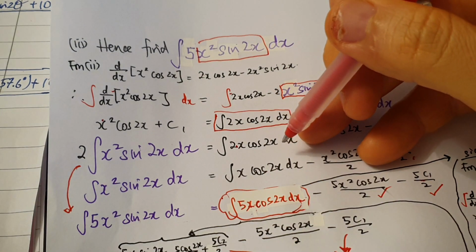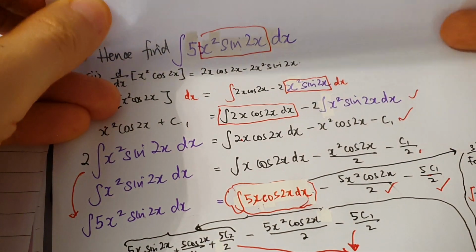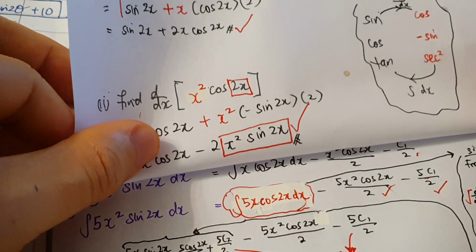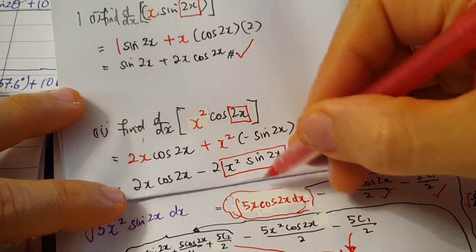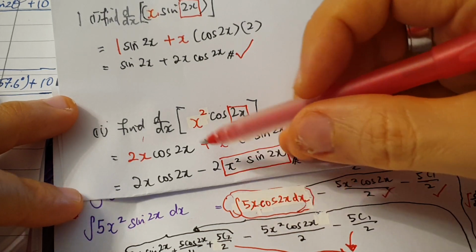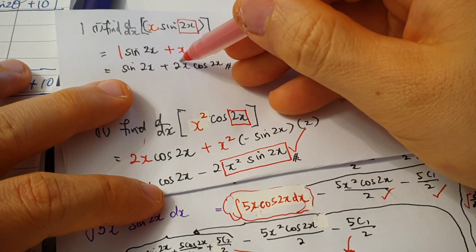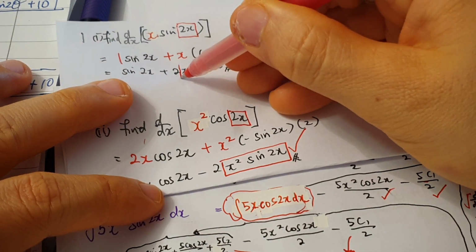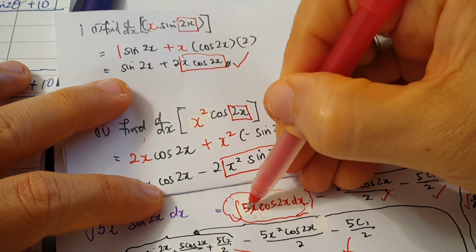And if you were to look at the previous part, right? Part 2 don't have this, okay? Don't have this thing that you want. Part 1 has your x cos 2x. Now don't worry about the constant, okay?